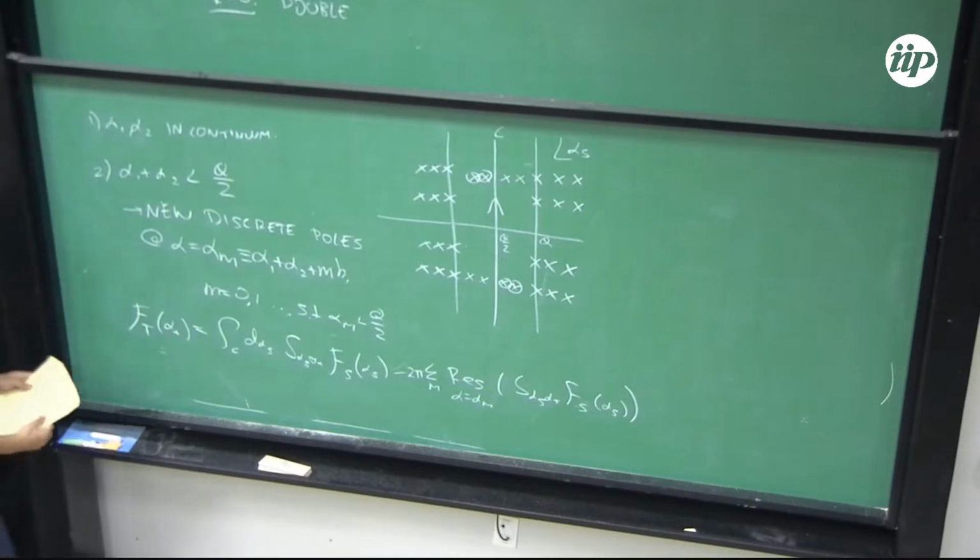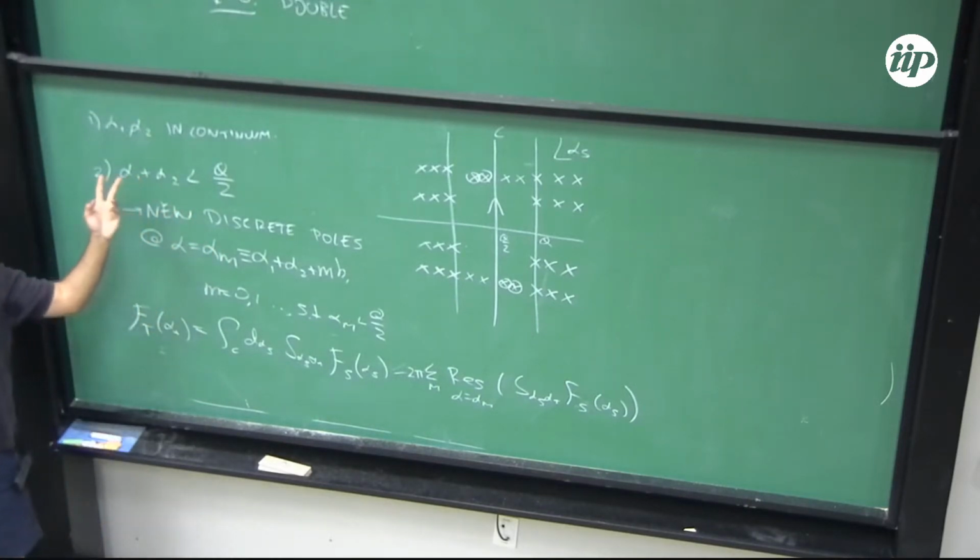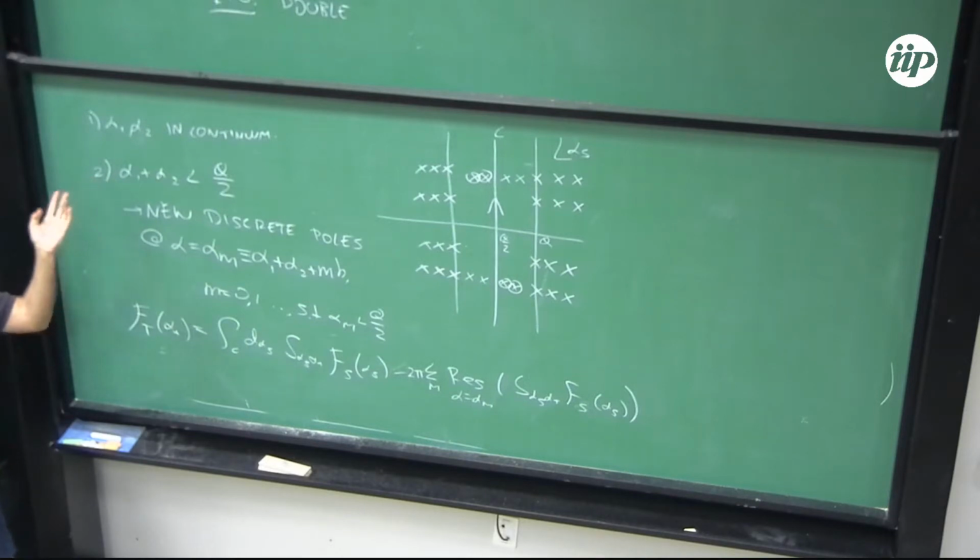Okay. This set of discrete poles, just to emphasize, arises when the external operators are sufficiently light with respect to the central charge.